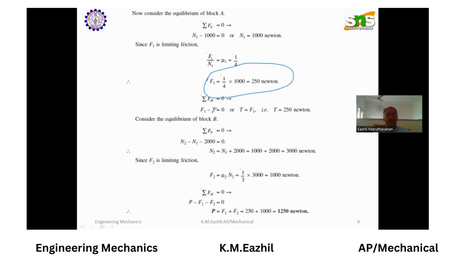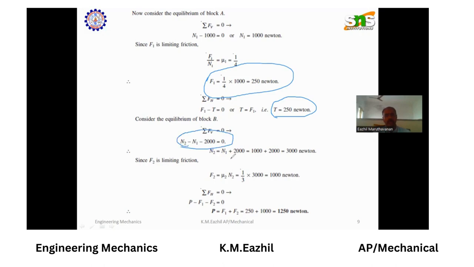The equation for sigma Fx, the horizontal component: F1 minus T is equal to 0. Therefore, T is equal to F1. The tension is also 250 Newton. Now we have to consider block B. Writing the equations by considering the equilibrium conditions, sigma Fv is equal to N2 acting perpendicularly upwards, so plus N2, N1 acting perpendicularly downwards, minus N1, and the weight of the block perpendicularly downwards, so minus 2000, is equal to 0.